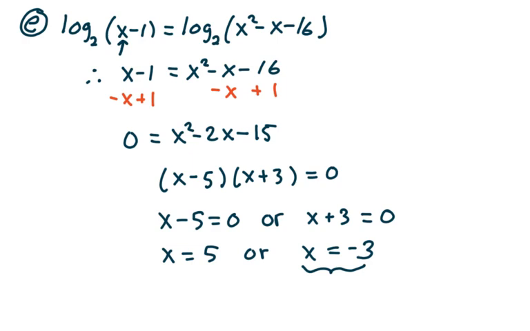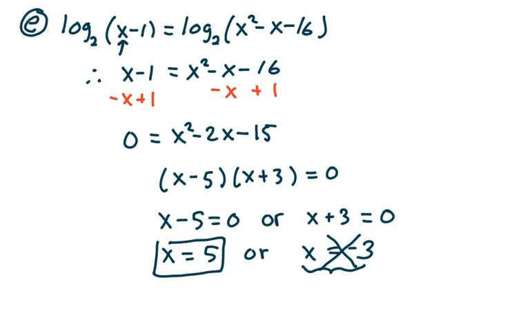Because then I'm taking log of a negative number, which I cannot do, right? So this answer doesn't make any sense. And the correct answer here should be x equal 5, like so. And that's how we do E. That's a good question, okay?